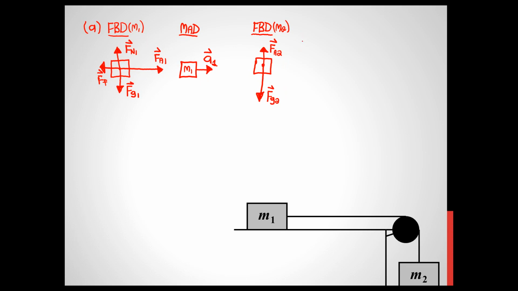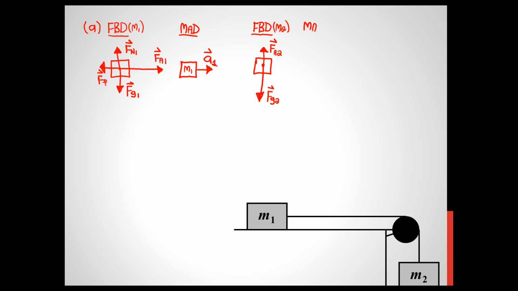Now, I showed again that the forces are unbalanced. FG2 is bigger than FA2, which means there's a net force that is down. A net force that is down means you're going to accelerate down, which is clearly what's going to happen when you actually release this system.